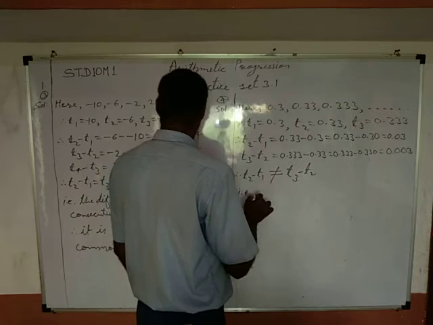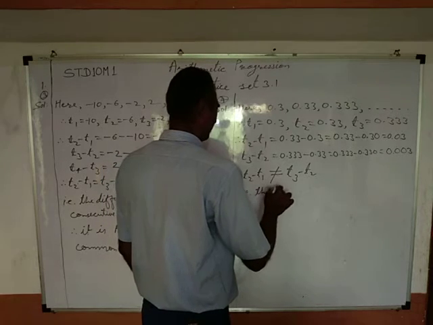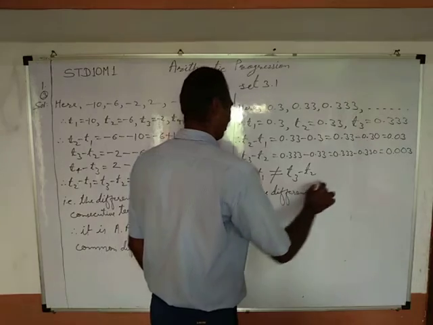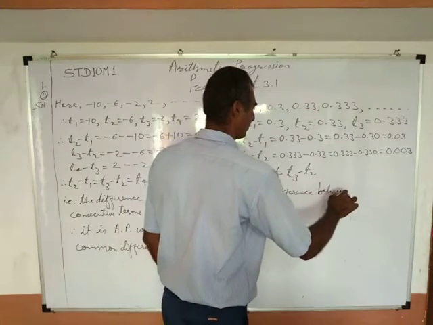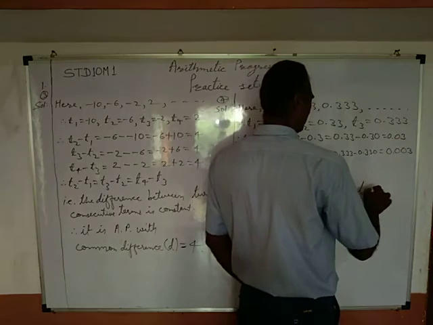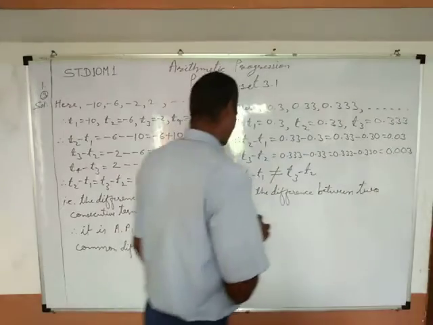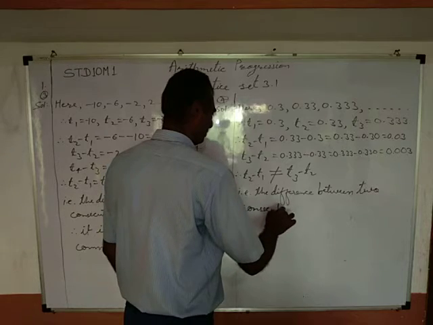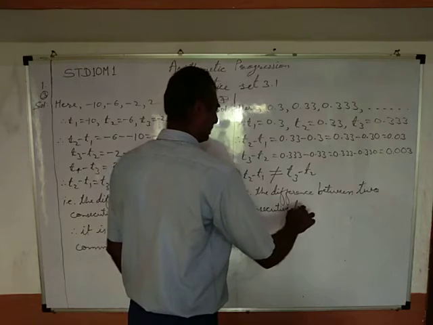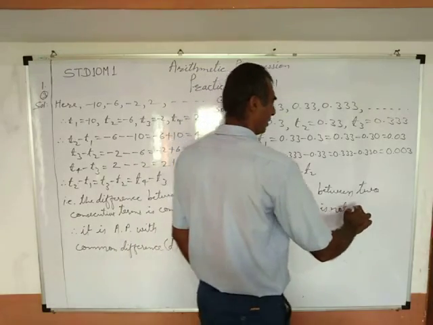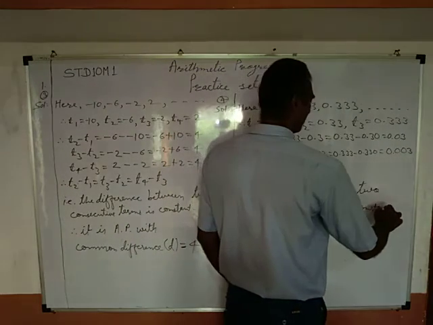That is the difference between two consecutive terms is not constant.